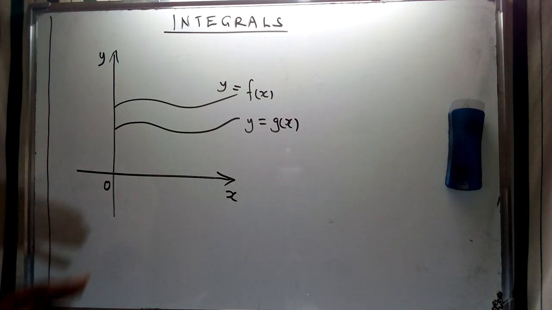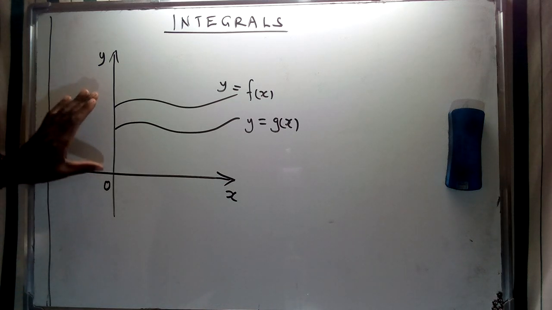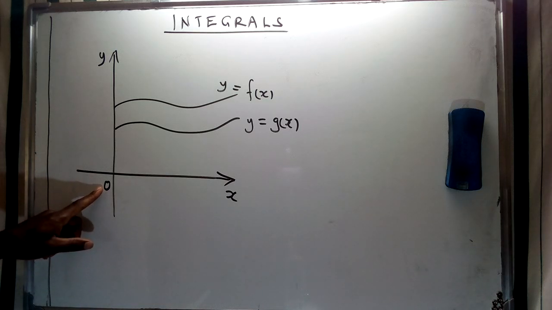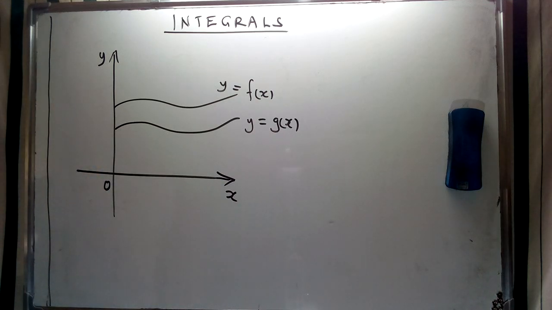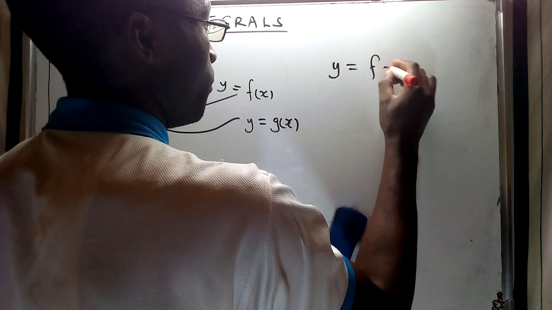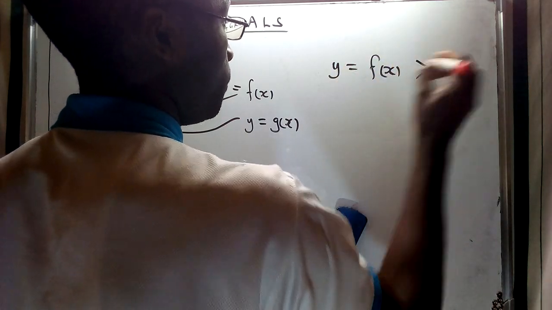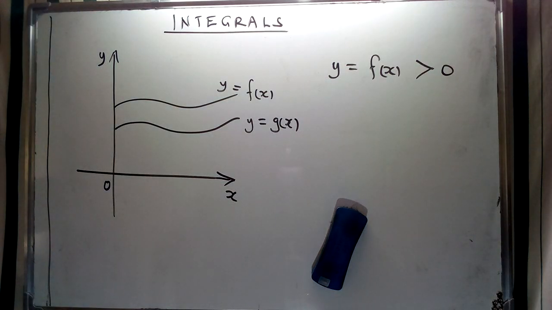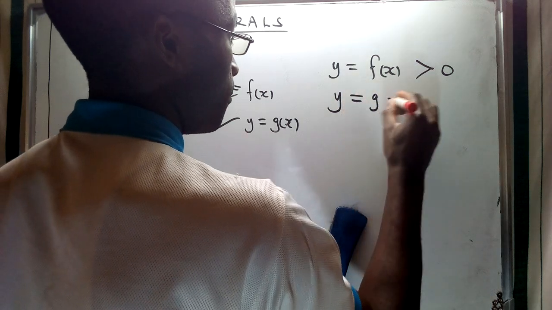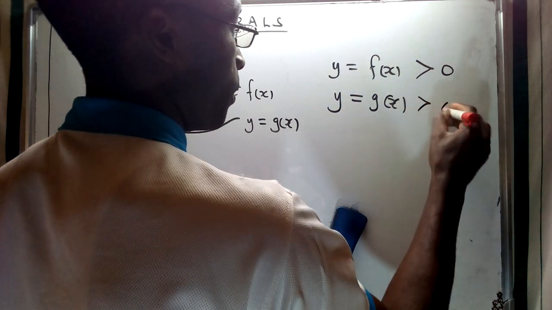We can observe different characteristics for this, especially in terms of the extent to which they are placed from the origin. From this particular point that I've given as O, or 0, which is going to be the origin, I can observe that the function y is equivalent to f of x is greater than 0 in this respect, and with regard to this one as well, the graph g of x is also greater than 0.